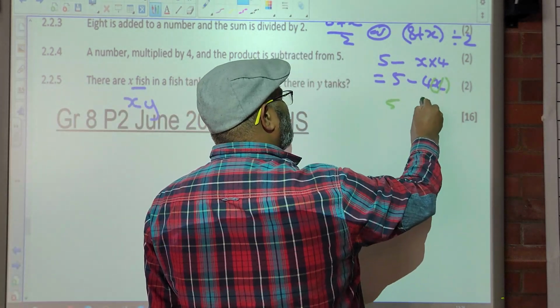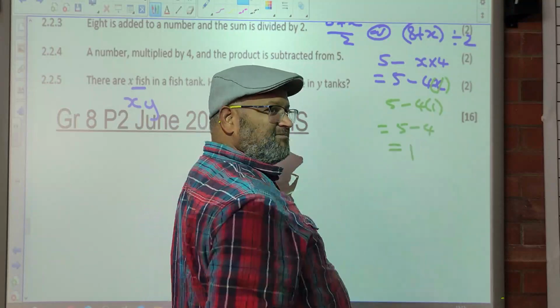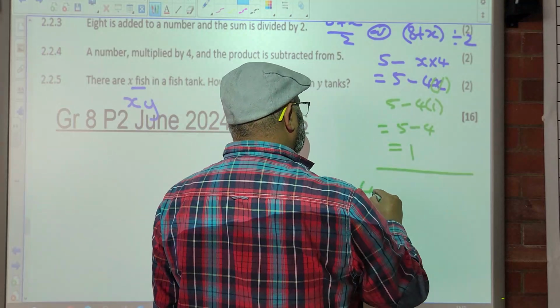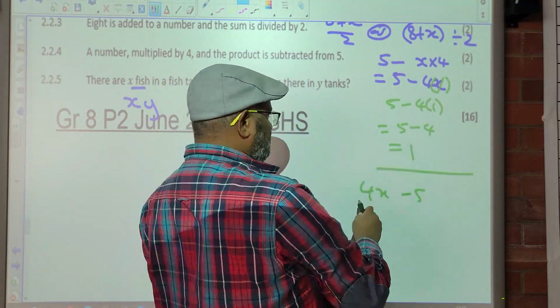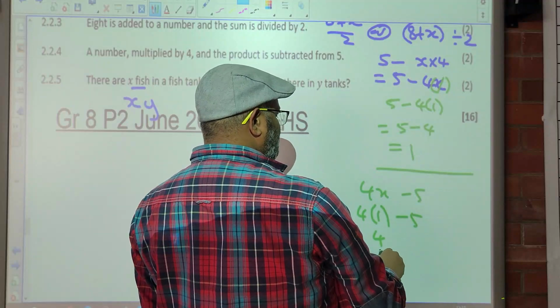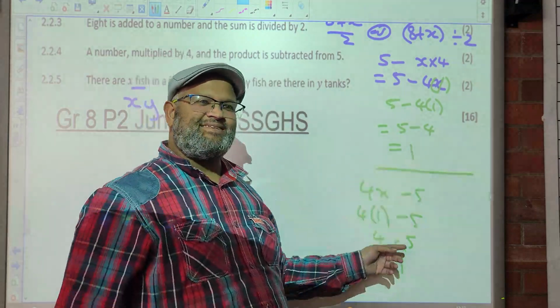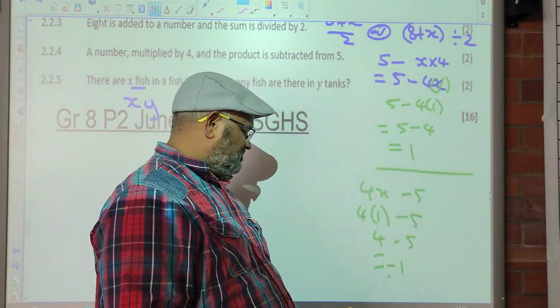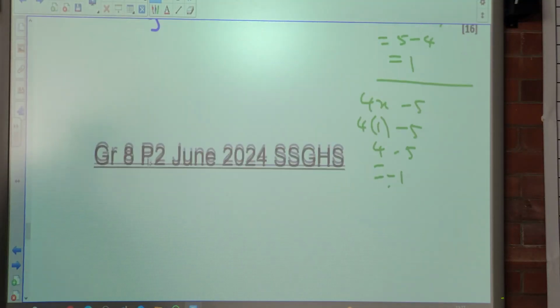There's going to be 5 minus 4 times 1, which is 5 minus 4, which is 1. But you're asking, is 4x minus 5 the same? If x is 1, it should give you the same solution. So it's 4 times 1 minus 5. What's 4 times 1? 4 minus 5 is negative 1. Is negative 1 the same as 1? No. So it's not the same.